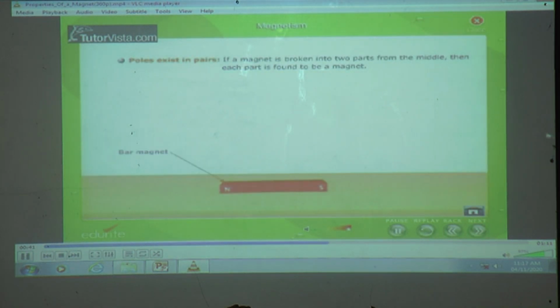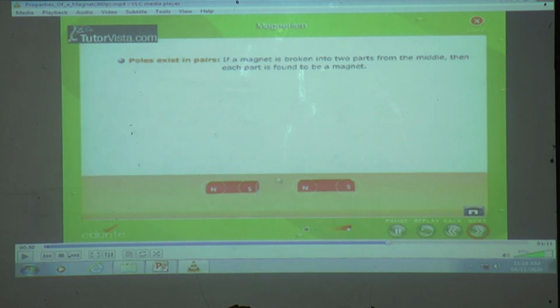If a magnet is broken into two parts from the middle, then each part is found to be a magnet. Okay, so this is the next property, poles exist in pairs. Suppose we cut a bar magnet from the center. If a magnet is broken into two parts from the middle, then each part is found to be a magnet.